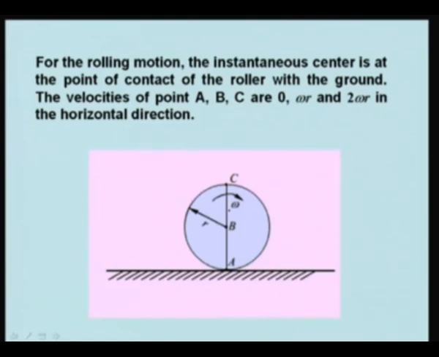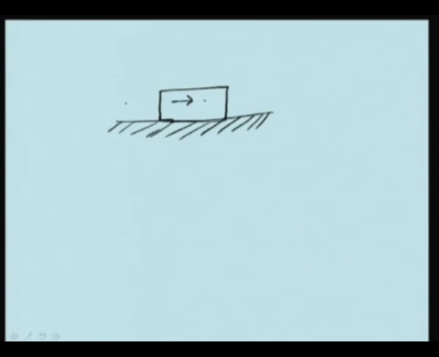Now, let us discuss some other cases. Now, if a body is undergoing translation, like this, then all the points on the body move with the same velocity.